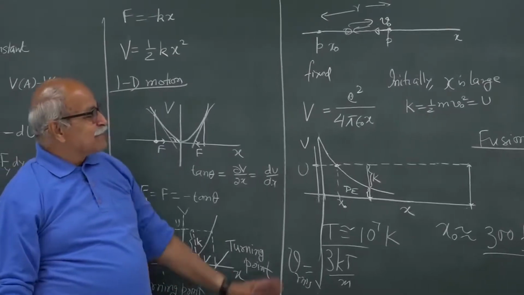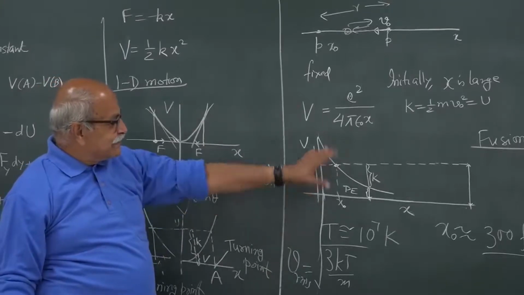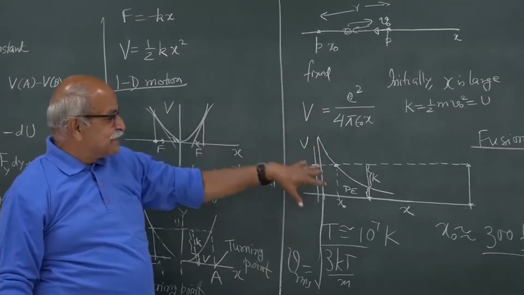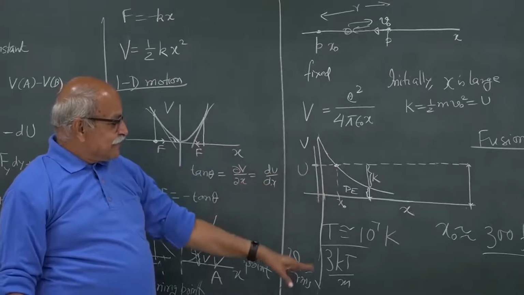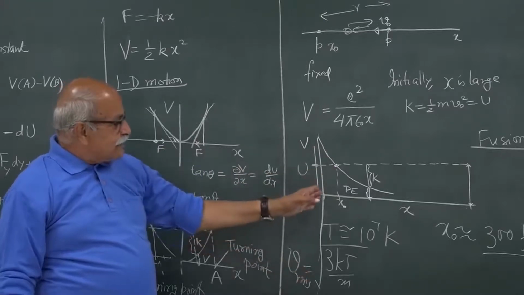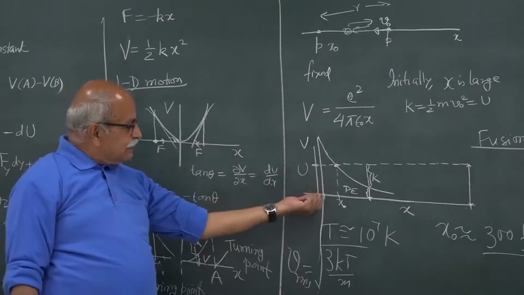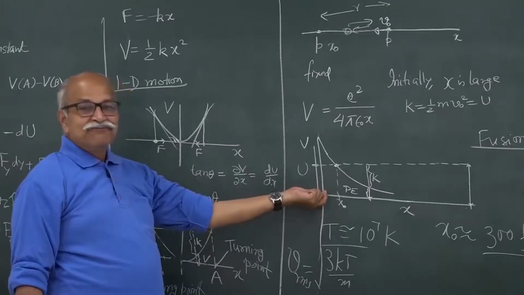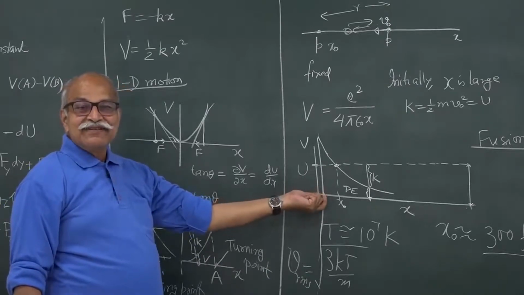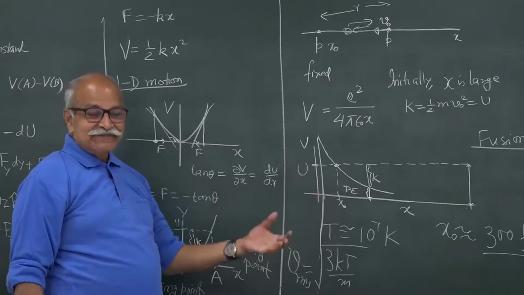So there are some other phenomena, barrier tunneling and all those quantum mechanical phenomena, which finally give us the required number of protons actually reaching here and then fusing and creating that energy of the sun.